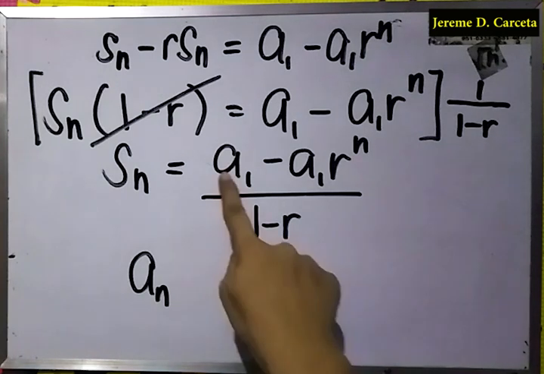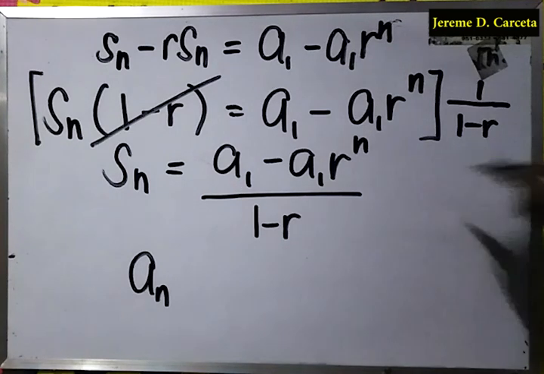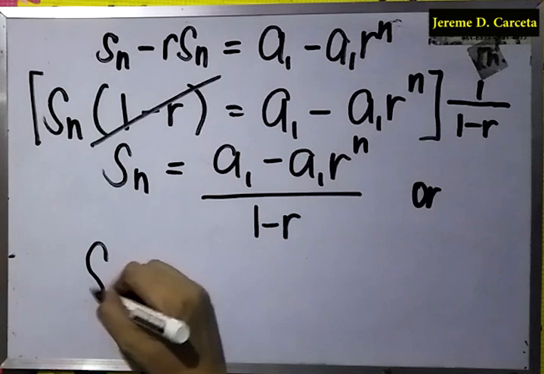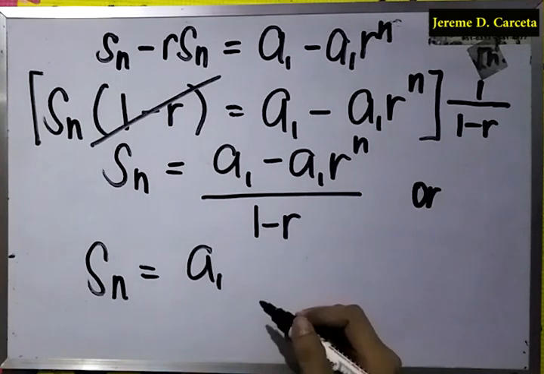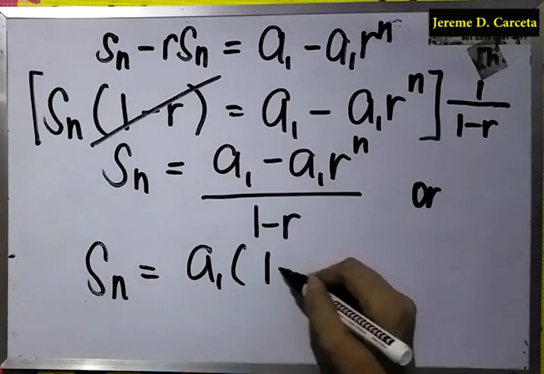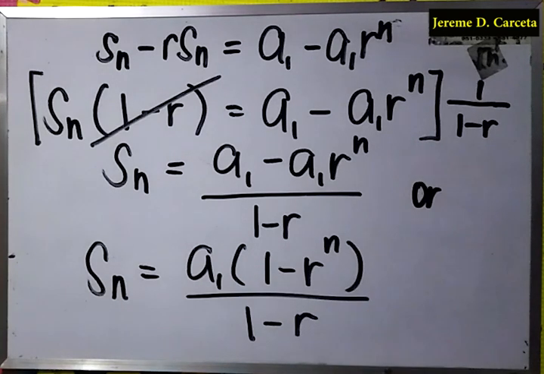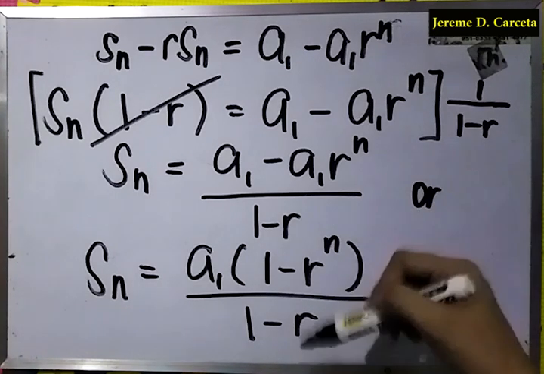Or this one can still be simplified since we have a common factor. So we can have s sub n is equal to a sub 1 times 1 minus r raised to n over 1 minus r. So if our a sub n is not given, we may choose between the two.